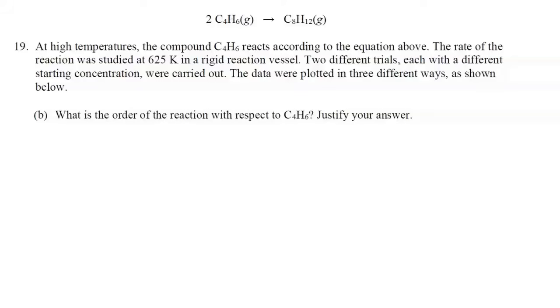What is the order of the reaction with respect to C4H6? Justify your answer. So we do have three graphs to examine. We have concentration versus time, natural log of concentration versus time, and the reciprocal of concentration versus time. What are we looking for? We're looking for a straight line or a linear relationship.